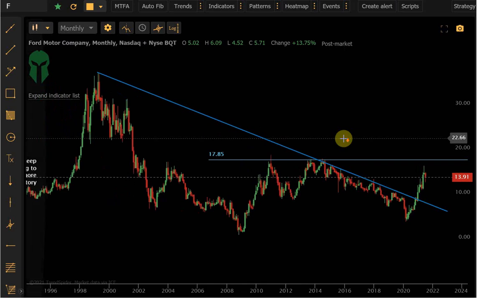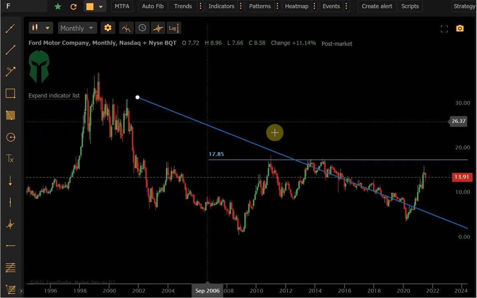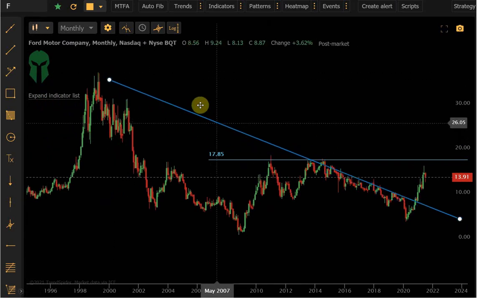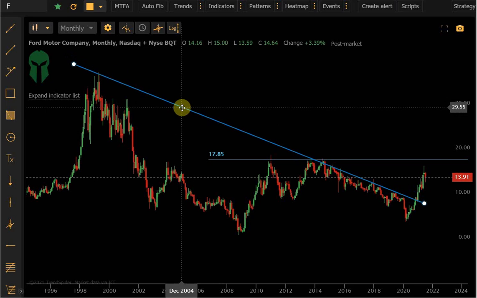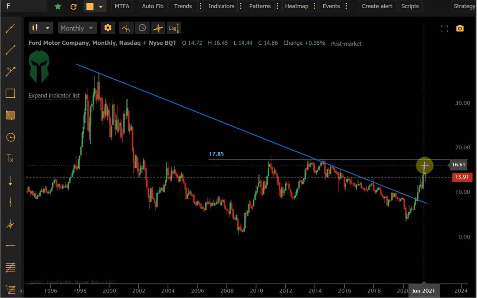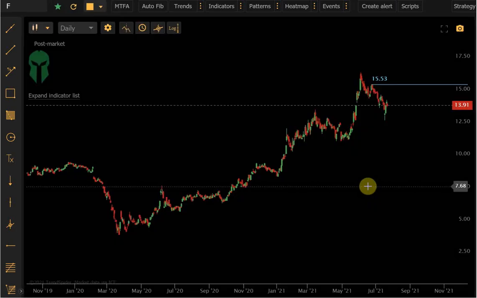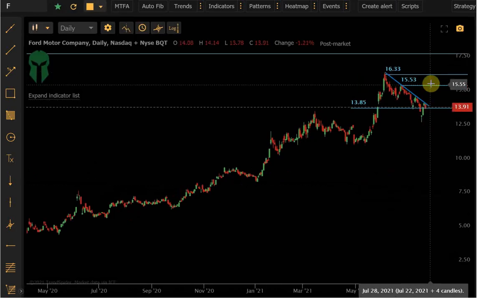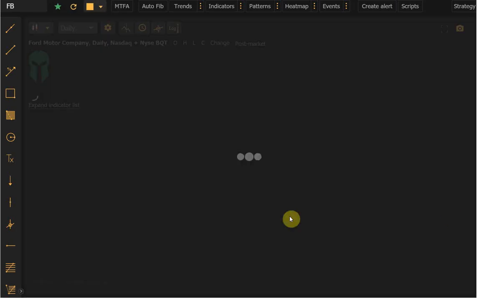Okay, it's a 21-year secular break. Whoops, let's put that back. Right there. Okay. So that's a 21-year secular break, and you're breaking out and you're heading to this level. So I expect this to finally get there. But before you can even buy it, you really need this to happen and get through. Facebook.